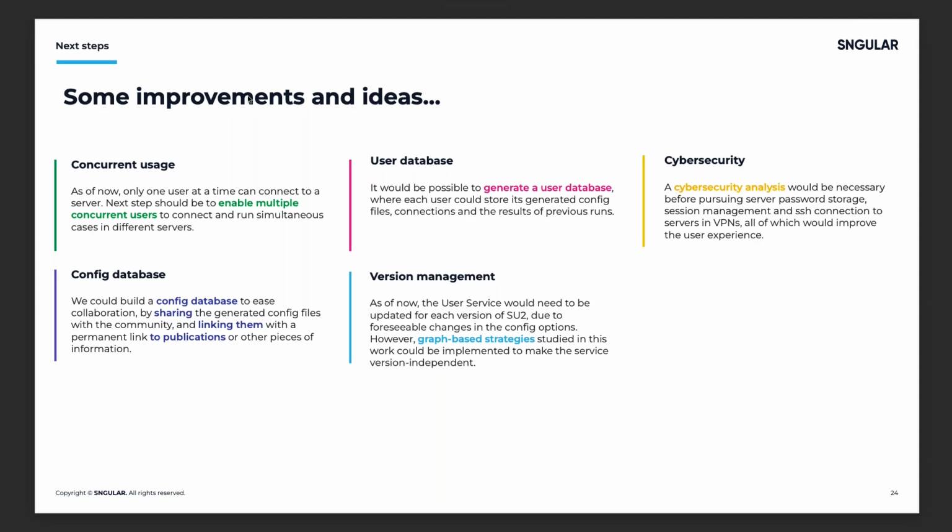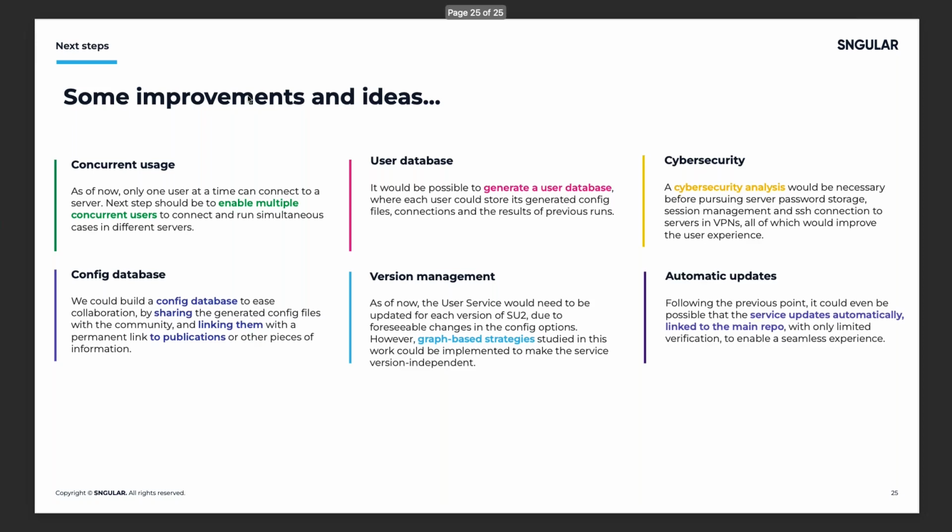Of course, the config file evolves, and we gave some thought to how we could use a graph architecture to work with ever-evolving config options. And finally, if that were to go through, it could even be possible to load it into the main repo.